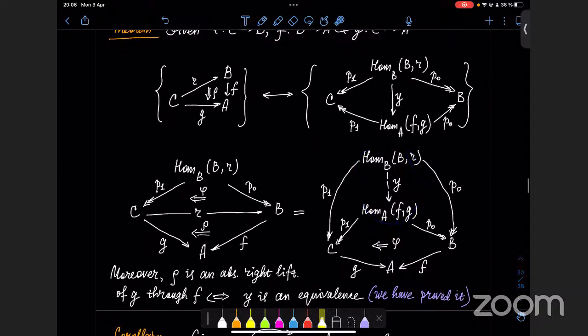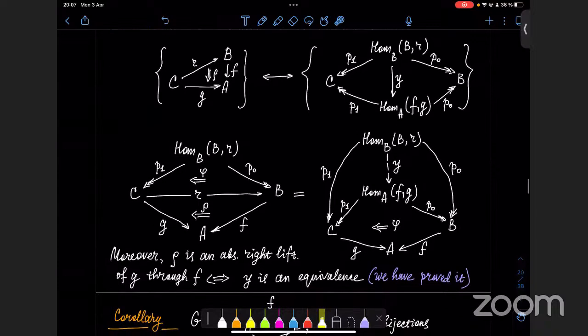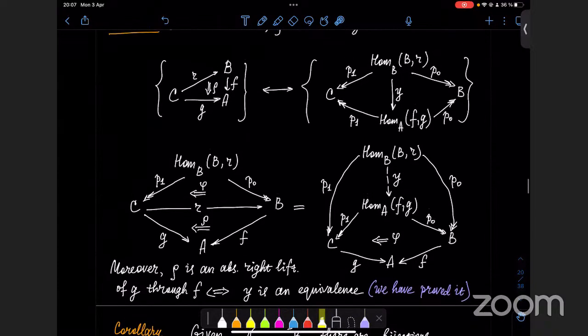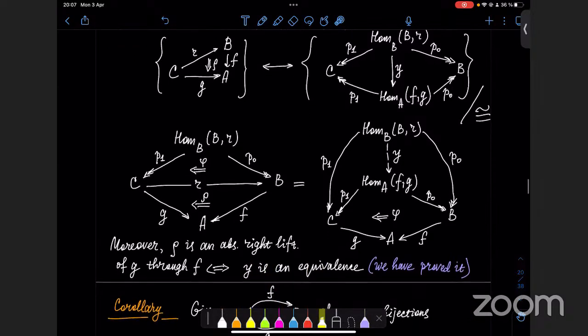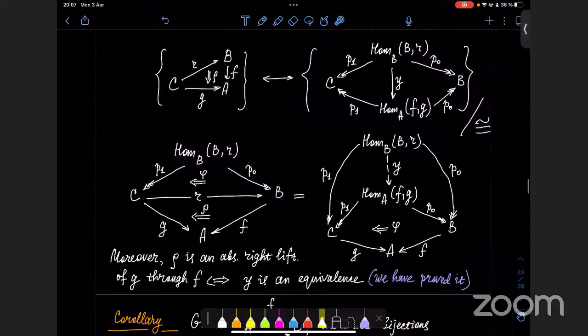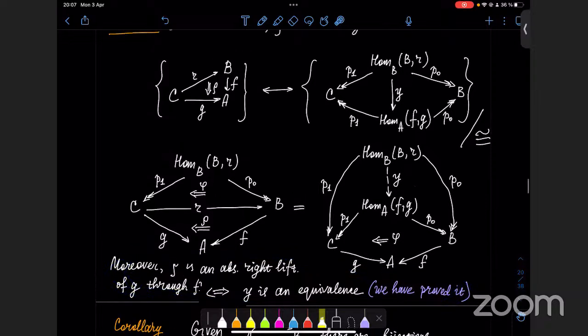So this is a standard map. Moreover, if rho is an absolute right Lifton diagram of G through F, then y is an equivalence. So if y is an equivalence, then I should write this factorization. Okay. Yeah.